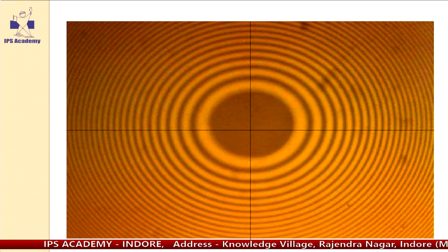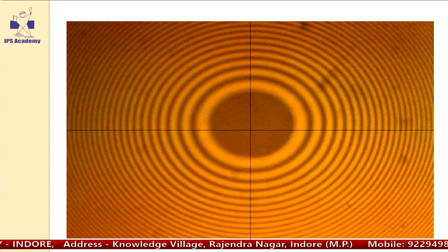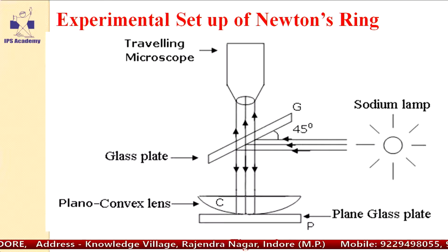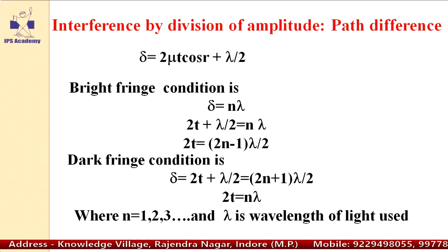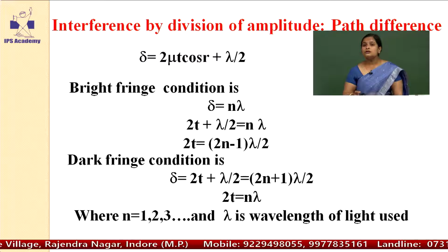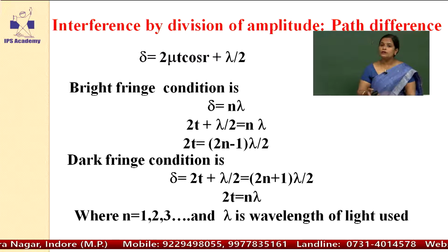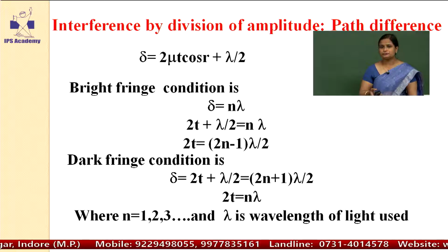The center is always dark because at the point of contact, the value of t is 0. You can see in this equation we have delta, that is 2 mu t cos r plus lambda by 2. When r is equal to 0, the equation becomes 2 mu t plus lambda by 2. The air refractive index is 1, so it will be 2t plus lambda by 2.